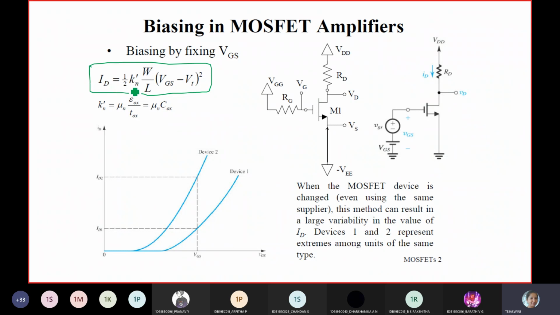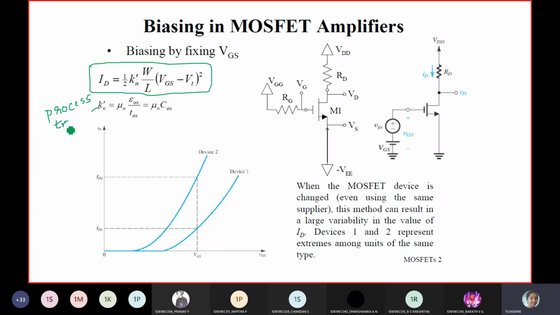ID is equal to 1 by 2 Kn dash W by L into (VGS minus VT) the whole square. Here, W is the width of the transistor, L is the channel length, and Kn dash is the process transconductance parameter. Process transconductance, that is given as mu n into COX.